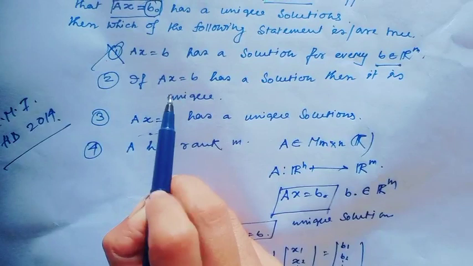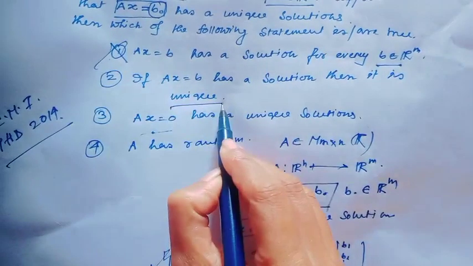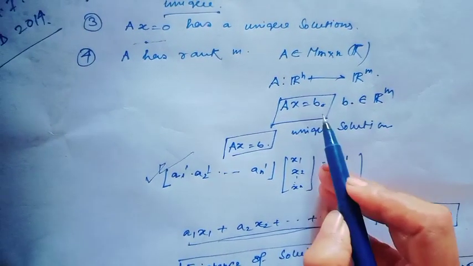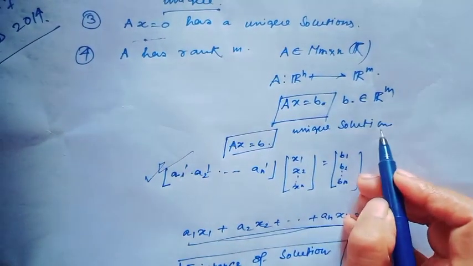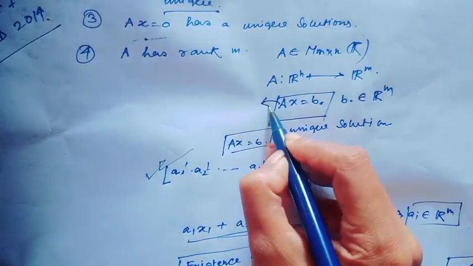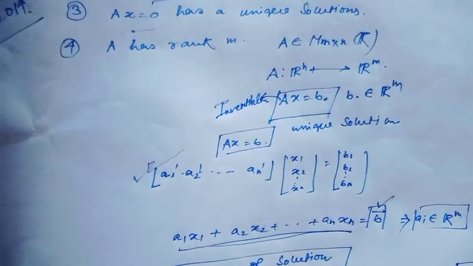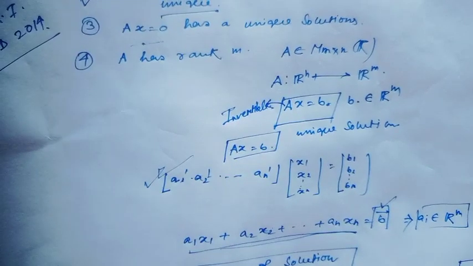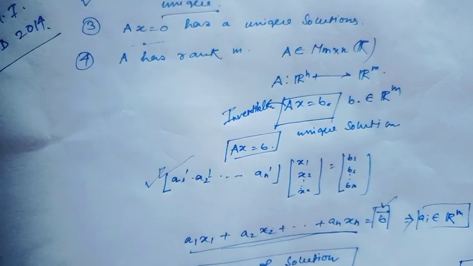Option 2 says if Ax equal to B has a solution, then obviously this solution is unique. Obviously this option is true, because since Ax equal to B naught has a unique solution, that means all columns of this matrix are linearly independent, and these column vectors form a basis of this column space.